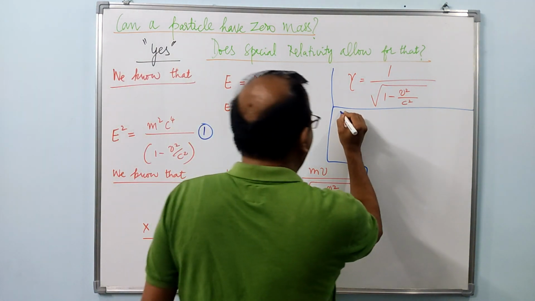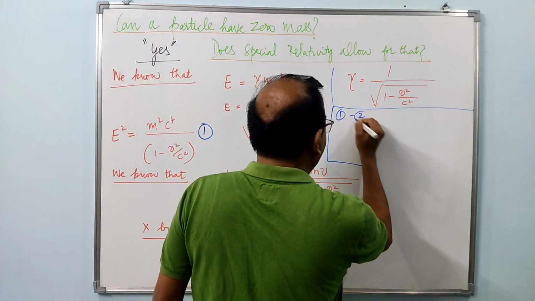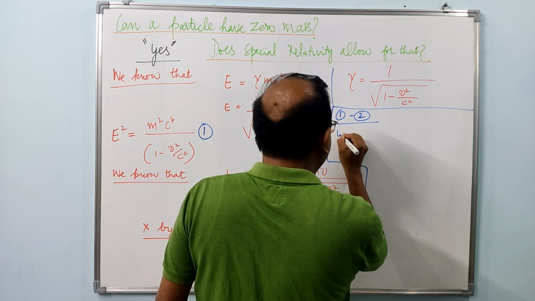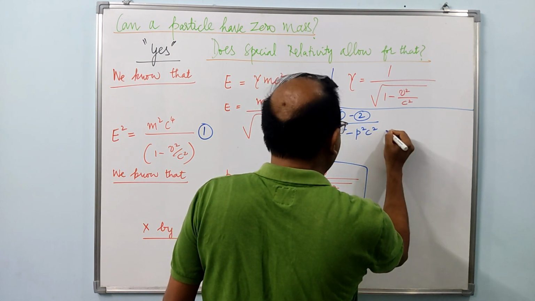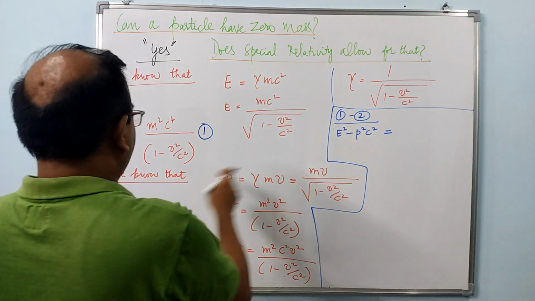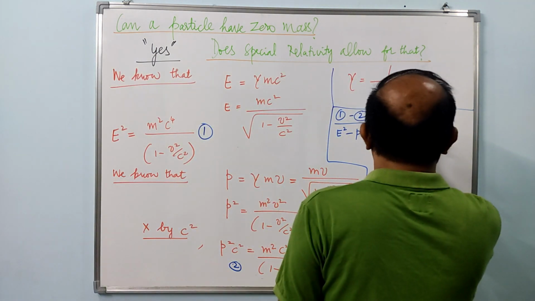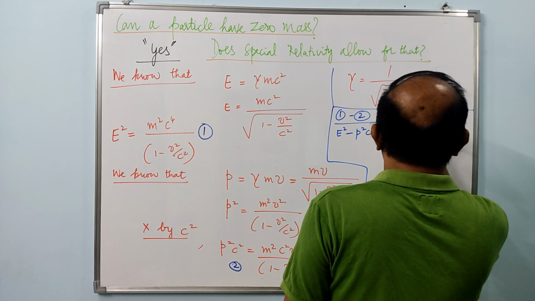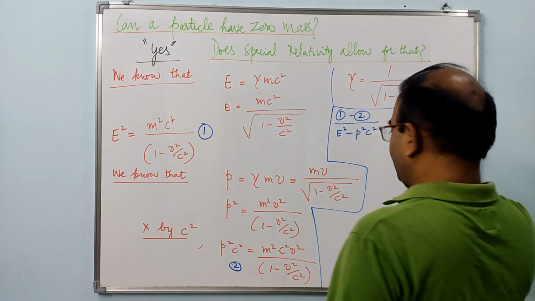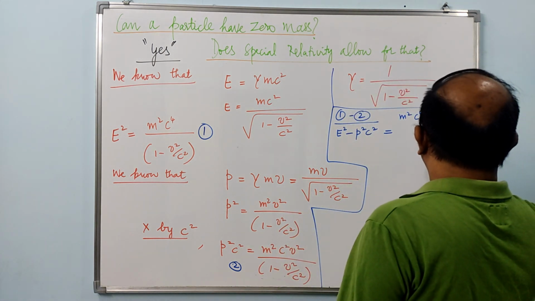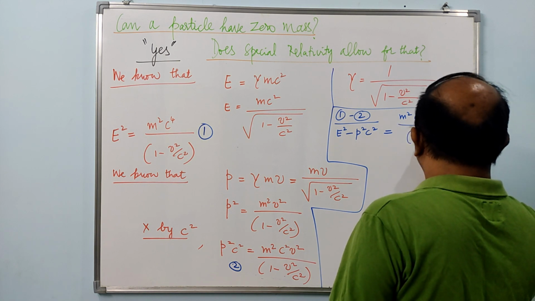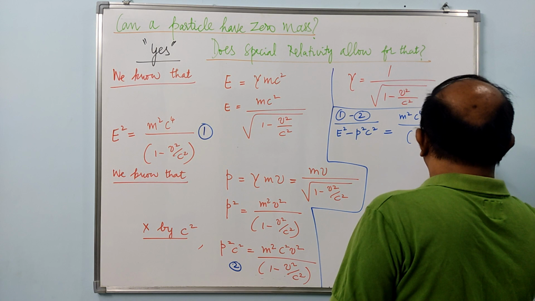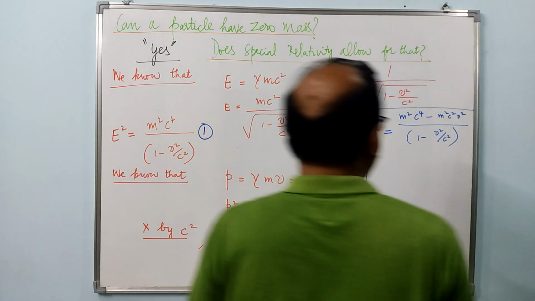So if I do 1 minus 2, that is I subtract 2 from 1, I get E squared minus p squared c squared on the left side, and on the right side I have m squared c to the power 4 minus m squared c squared v squared over, the common factor is 1 minus v squared over c squared.